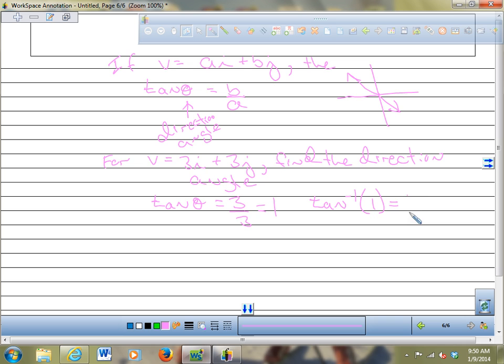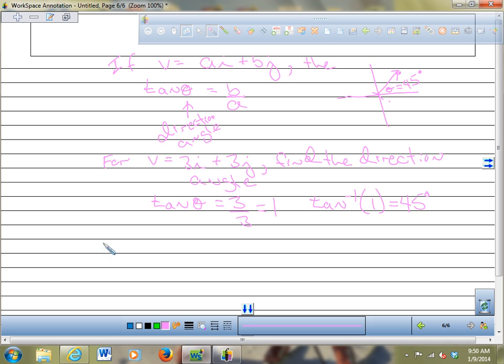So in that case, the direction angle is the same as the inverse tangent, because that's just a vector where you're going over 3 and up 3. That gives me this vector here, and theta equals 45 degrees. That's pretty easy, because the direction angle is the angle that the vector makes with the positive x-axis.